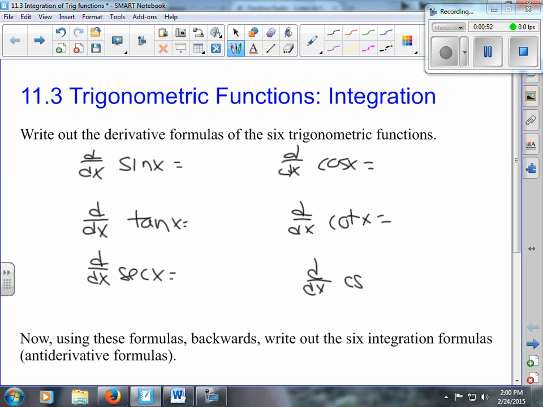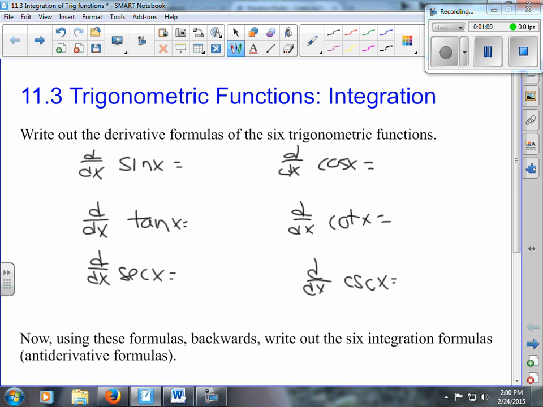Now I want you to rack your brains and see if you can remember these 6 derivative formulas. At one point you were very good, you knew them all. We had quizzes in which I drilled you and made sure that you knew these 6 derivative formulas.